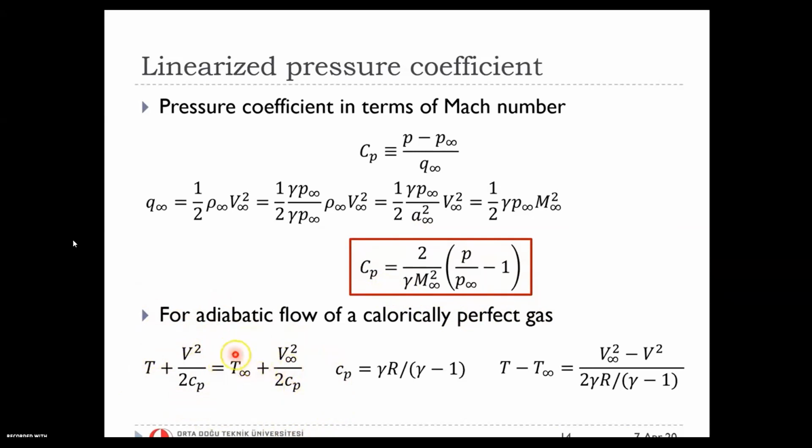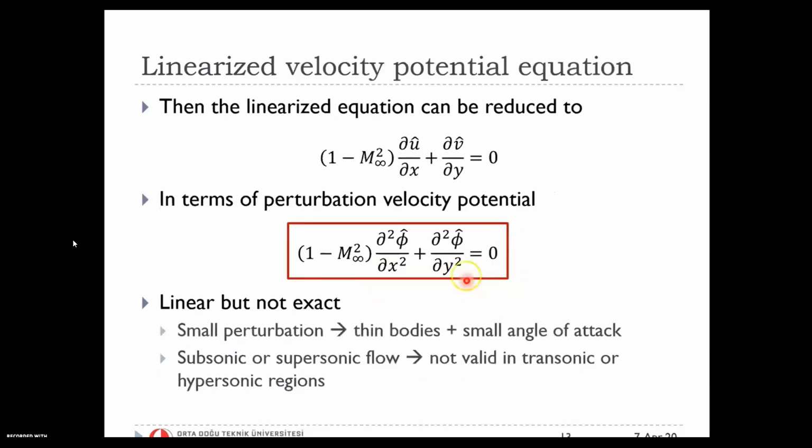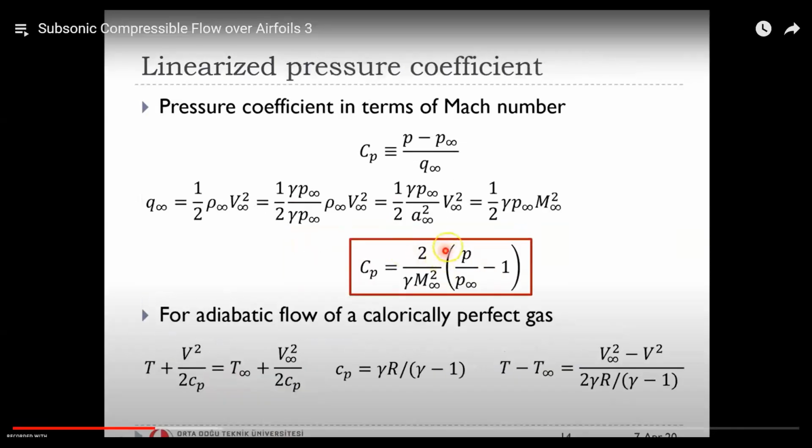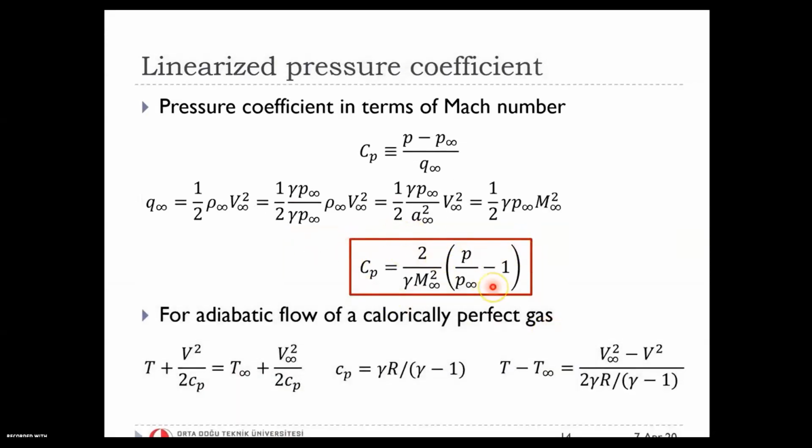While doing that, my aim is to get a relation for P over P infinity, and then write this in terms of perturbation velocity or perturbation potential, because from the equation that we derived here, we will end up with the perturbation velocity potential. Now, if I can represent the pressure coefficient in terms of the perturbation velocity potential, I can easily calculate the pressure coefficient once the other equation is solved.